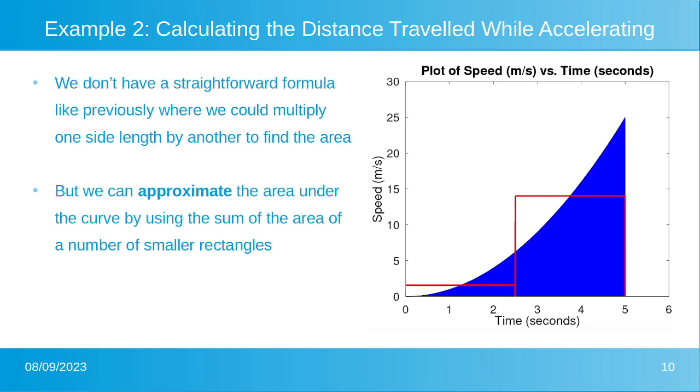It's not a simple rectangle shape. But we can approximate the area under the curve by using the sum of the area of a number of smaller rectangles. So that's what we're doing here on the plot on the right hand side.